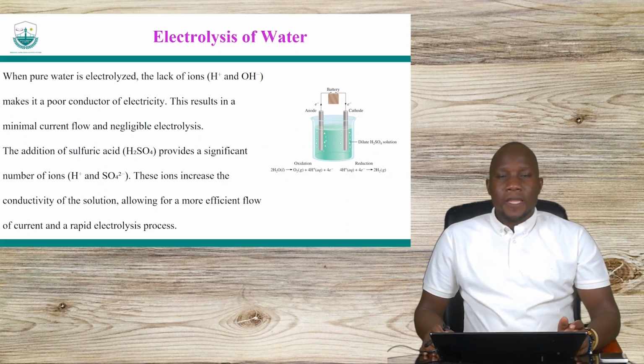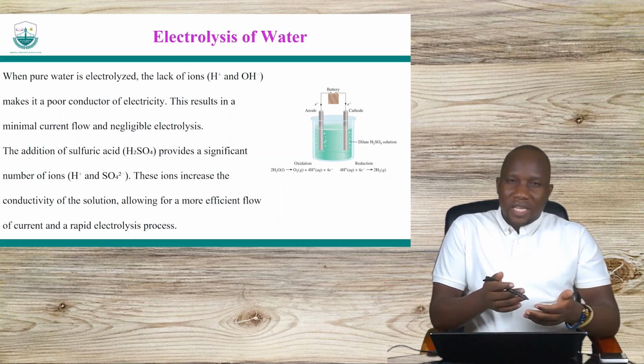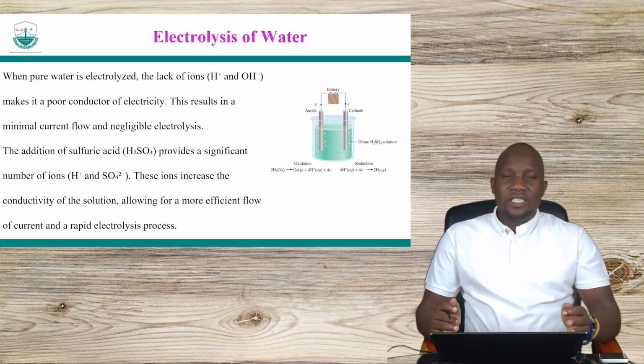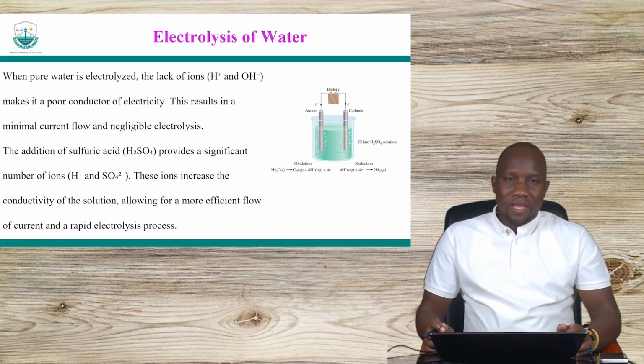But the underlying principle is that pure water lacks free ions, so it's basically a poor conductor of electricity, and the current can be minimal. If you have impurities in there, then the flow of the current can be noticeable.